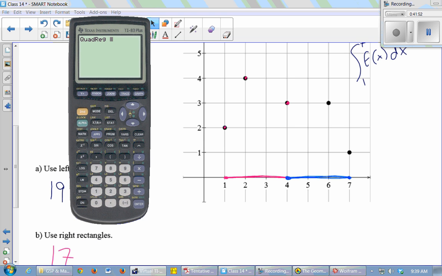Okay, so let's see. I'm going to do list 1, list 2, store it in y1. Okay, so here's my parabola, negative 0.833 x squared. I'll do this in pink.